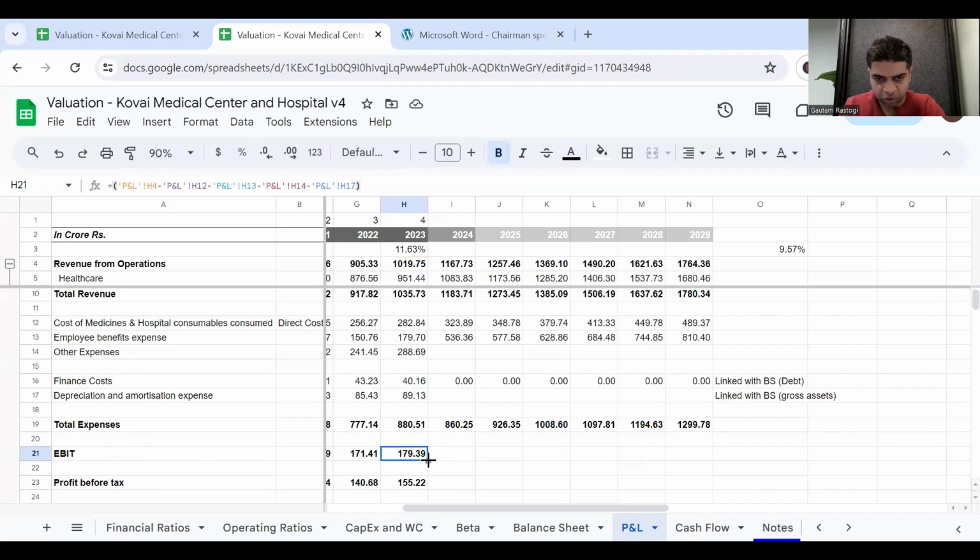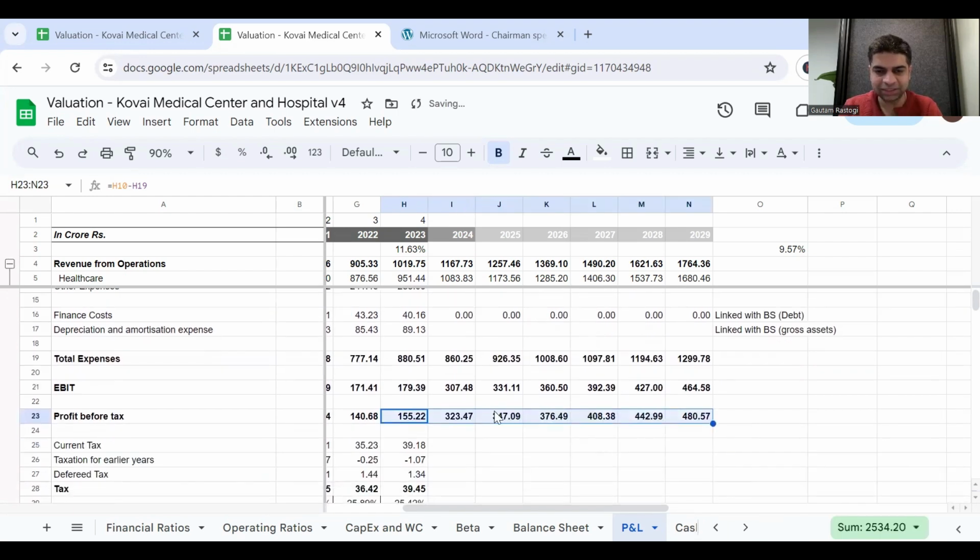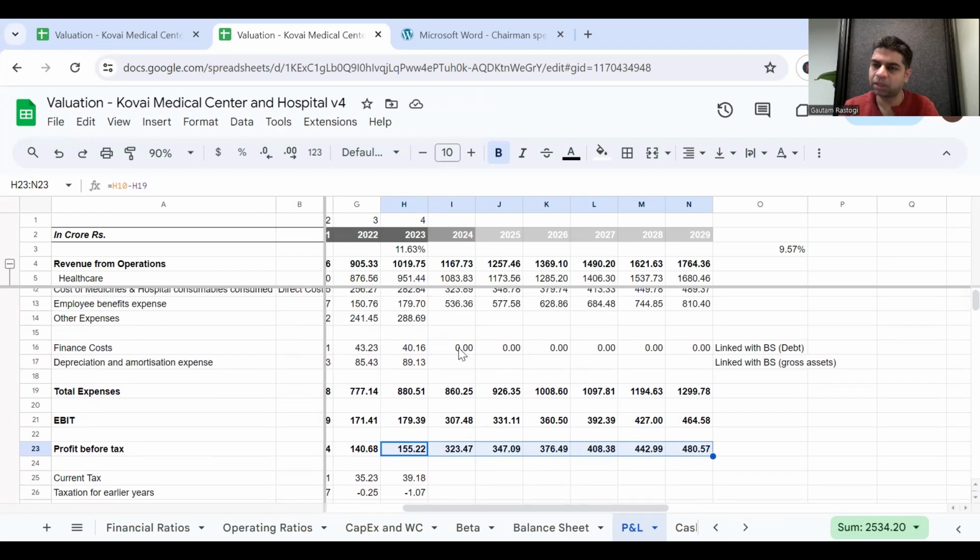So I'm just going to drag it, and then drag profit before tax as well, which is really netting off total expense from revenue. Right now, obviously, this is not giving us the correct picture because these two items are missing.